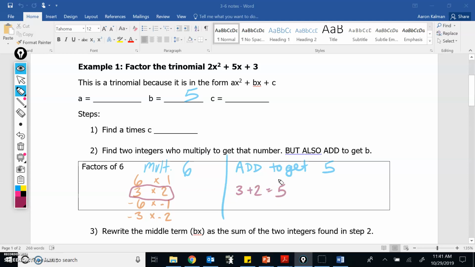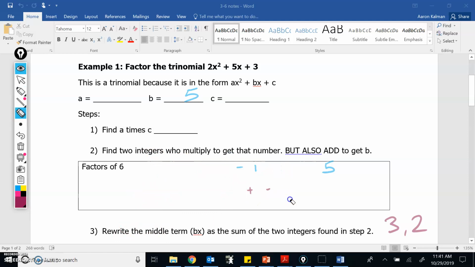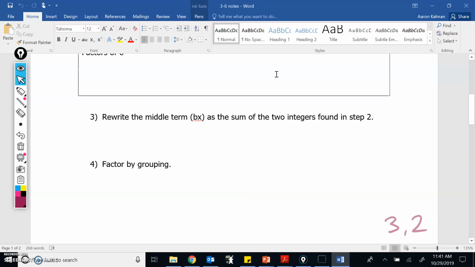Now that we found our two factors of 3 and 2, let's go to our next step and rewrite them, so then we can solve by grouping again. Okay, so your two factors were 3 and 2. I'm going to write that over here. And I'm going to rewrite the middle term bx as the sum of the two integers.